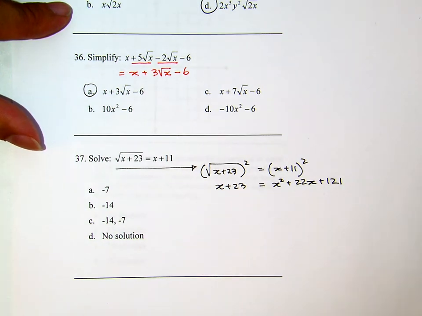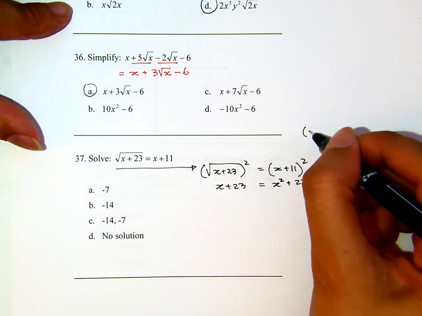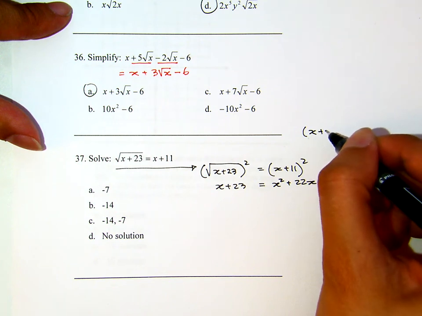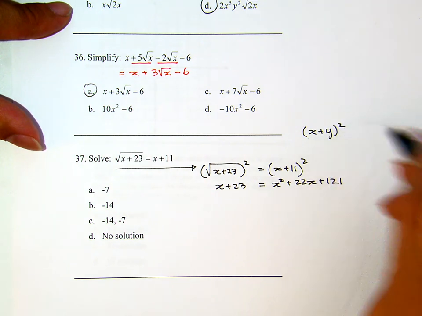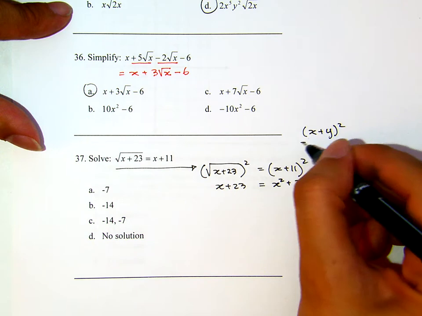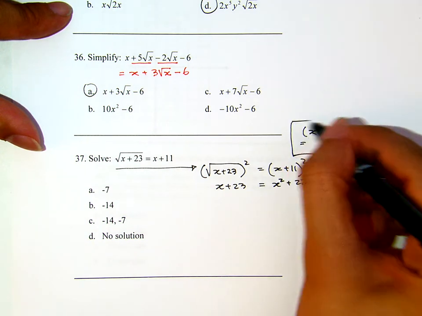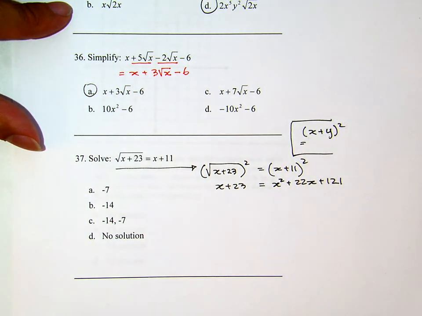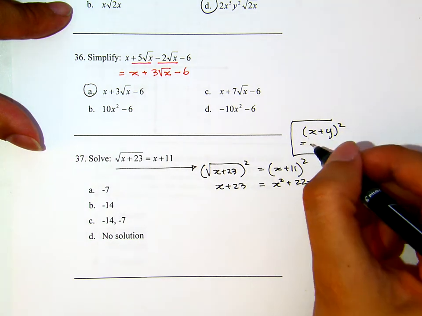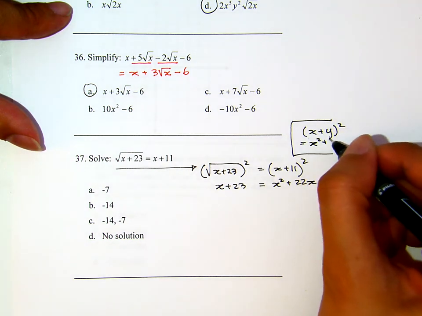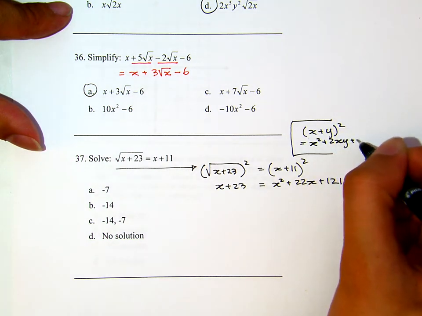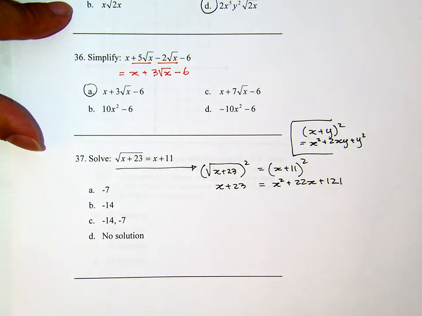Now if you question how I get that, let me remind you that x plus y squared, I think this is from chapter 8, is x squared plus 2xy plus y squared. If you remember that, that's what I use here.